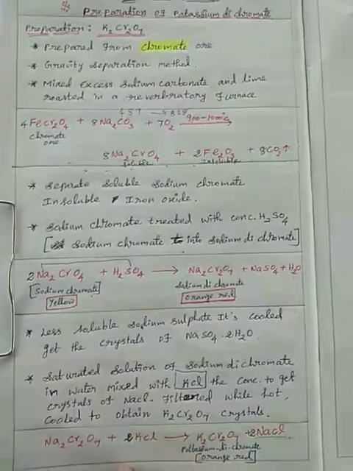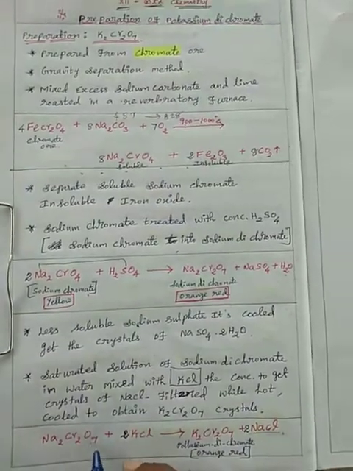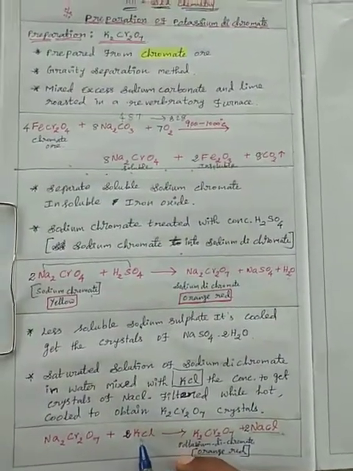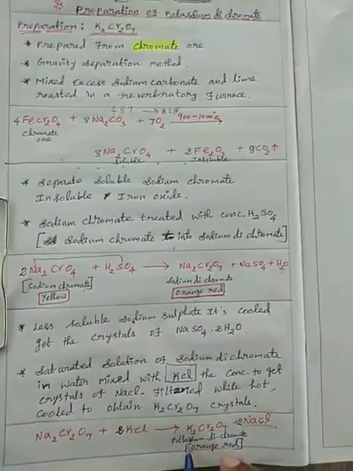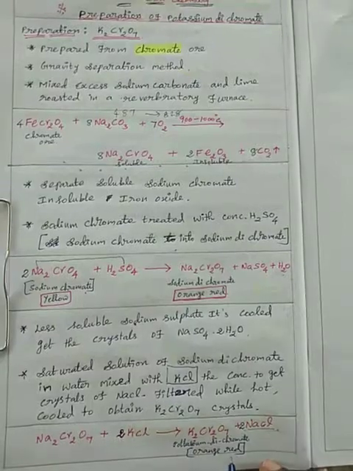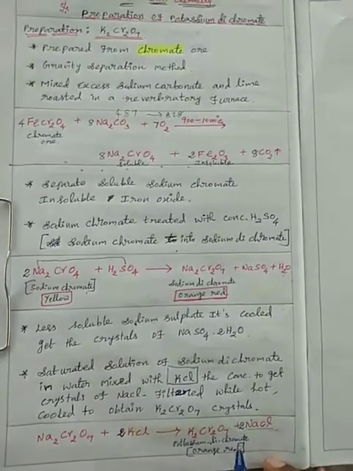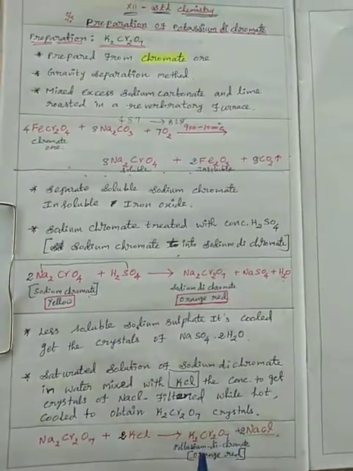So sodium dichromate with potassium chloride gives the product potassium dichromate. Very important, this is the preparation method.